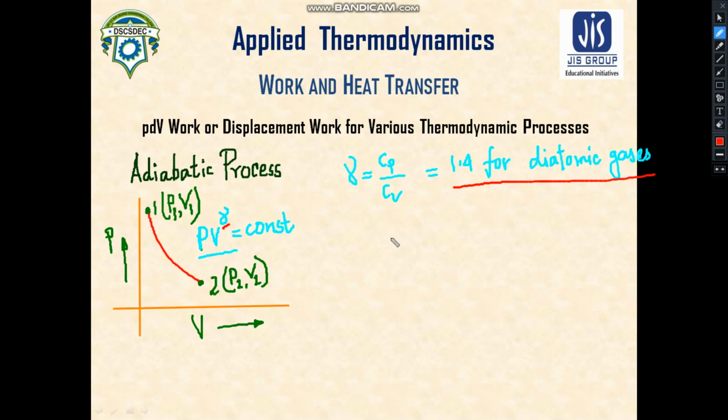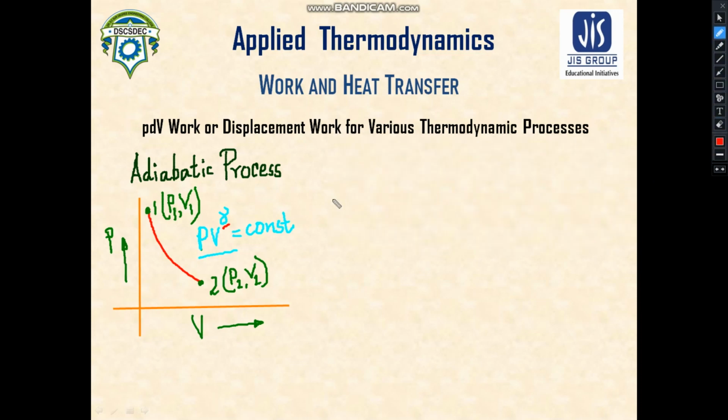Now our primary concern is to calculate the PdV work in the adiabatic process. We will follow the same rule which we followed for the last three processes. So it will be the integral of P dV, and the limits will be what?